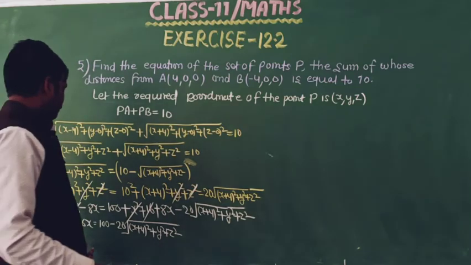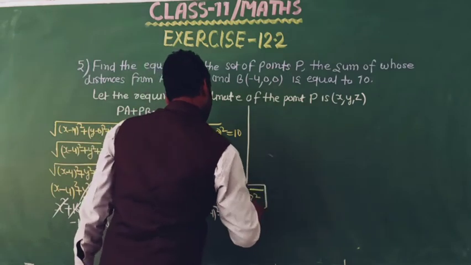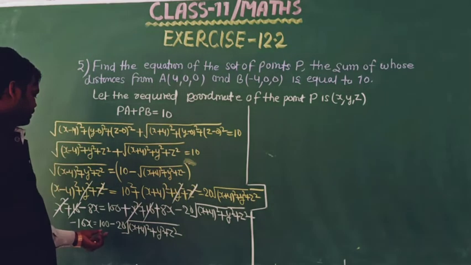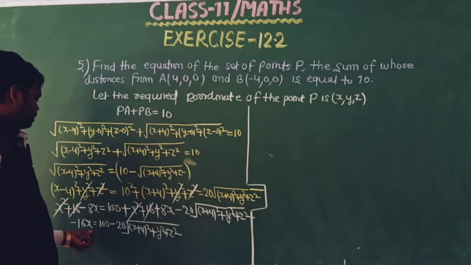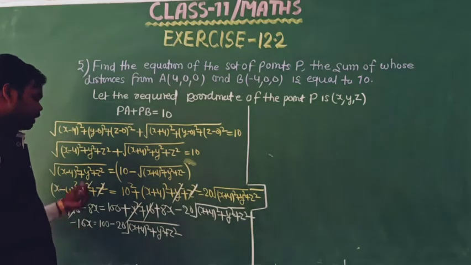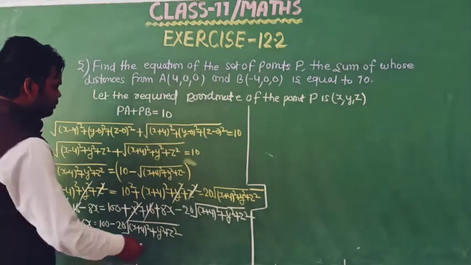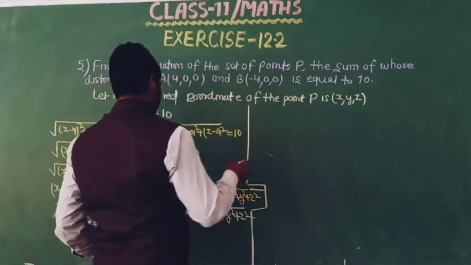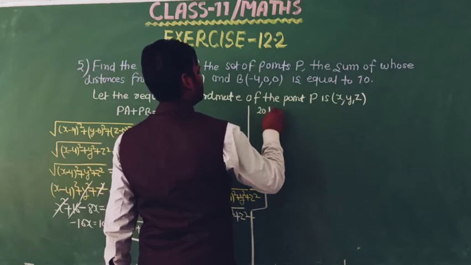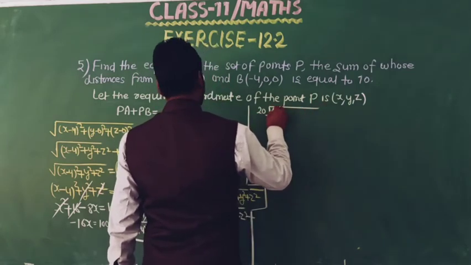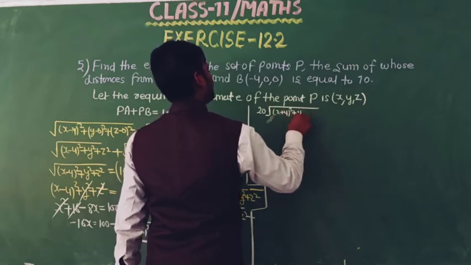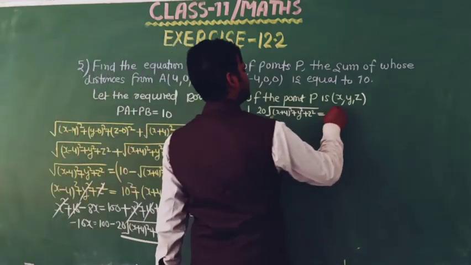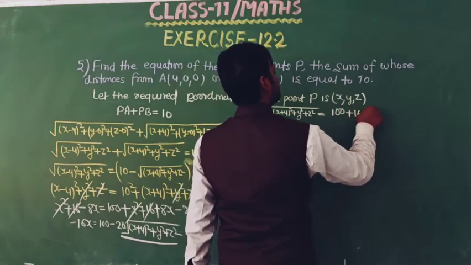Okay, now from here, shifting the 100 on the left side, or shifting this whole term on the left side and minus 16x on the right side, so this becomes 20 times square root of x plus 4 whole square plus y square plus z square equal to 100 plus 16x.